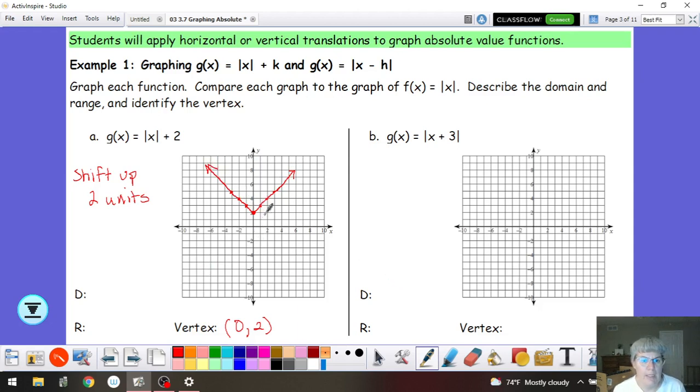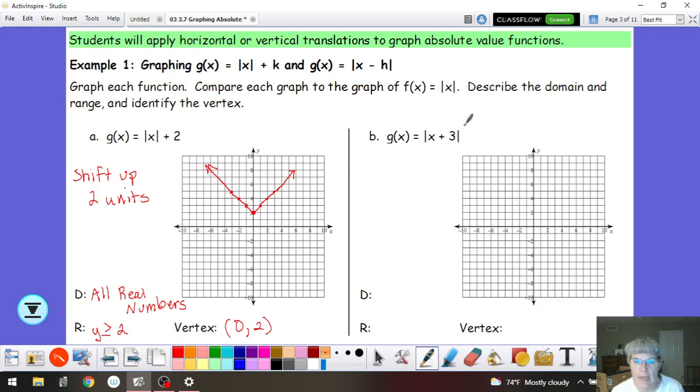The domain, as we can see, is going to continue on the left and continue on the right, so the domain is all real numbers. But the range is everything above a y value of 2 or equal to 2. So the range is y greater than or equal to 2.